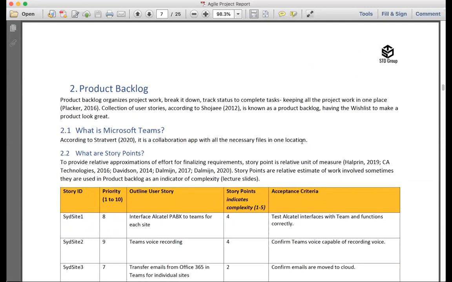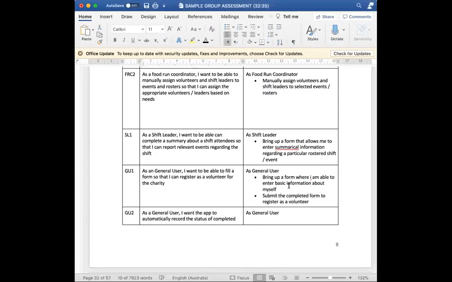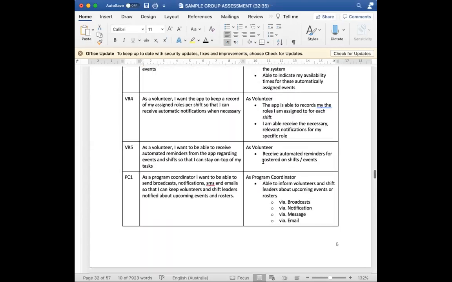Now, again, what is missing, guys, here before we create user stories? What is missing? Is there anything missing before we write the user stories? Sudipta? Yes, sir. What is missing? In comparison to this example, what is missing?